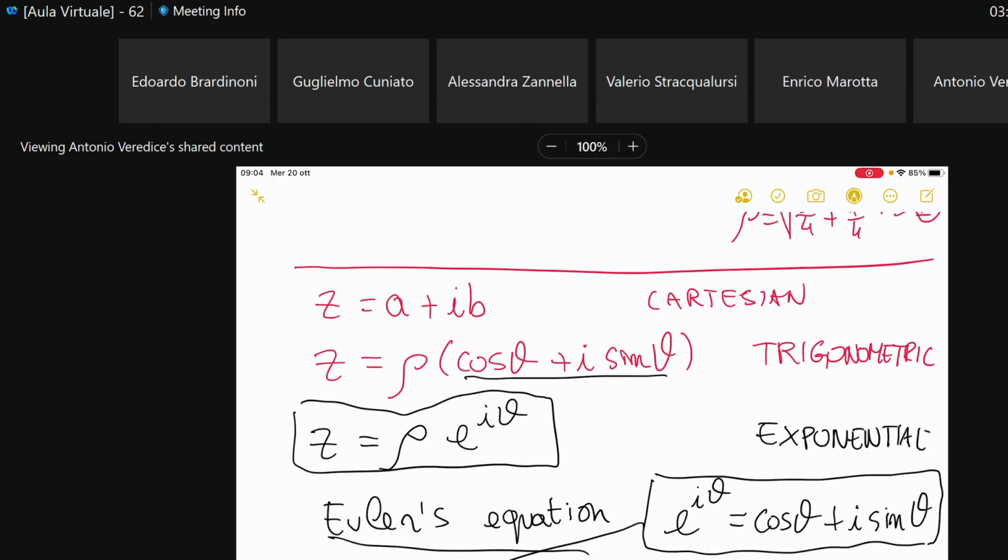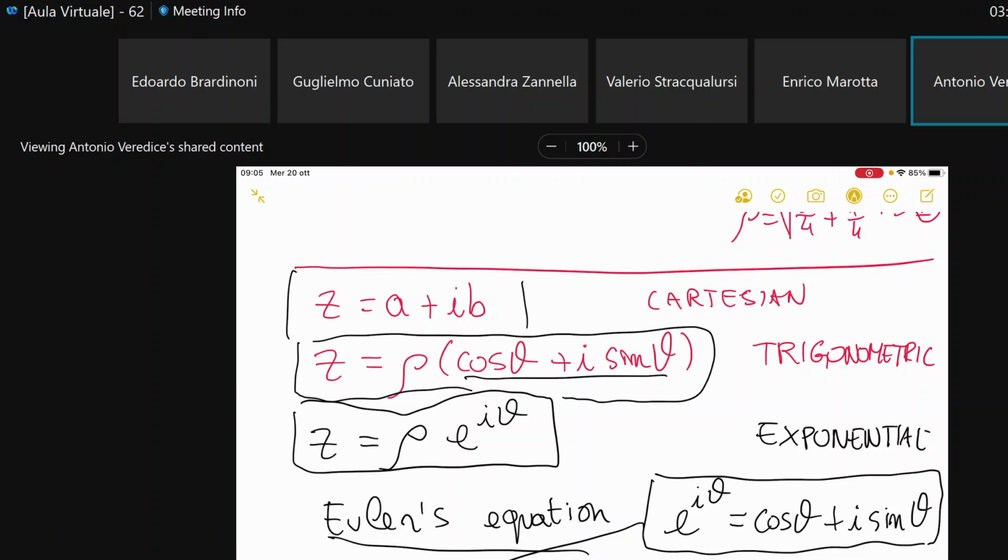It's just a definition, but along with this definition, we can compute the power of a complex number. So the next step is computing the power of a complex number. If you don't have questions, we go on.